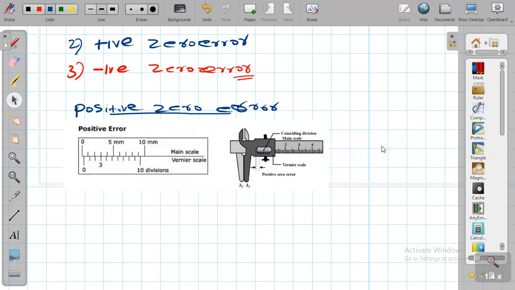Okay, have a really good look. So write under the topic of positive zero error: when the external jaws are firmly closed, there might be a reading on the scale in the positive direction.